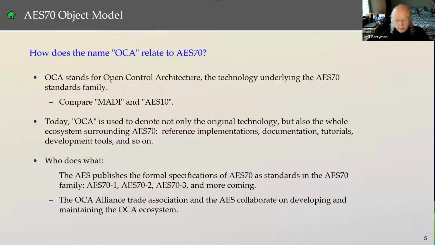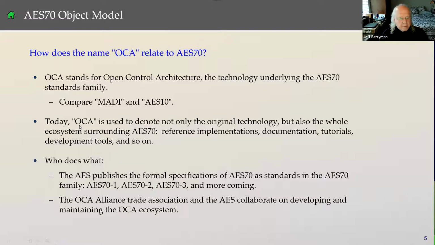In about 2009, or 2010 I think, it was renamed to be OCA, the Open Control Architecture. There's a history. This is sort of like the difference between MADI and AES10. AES10 is the standard, MADI is the name of the technology, if you're familiar with that stuff.